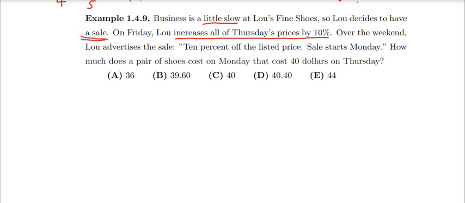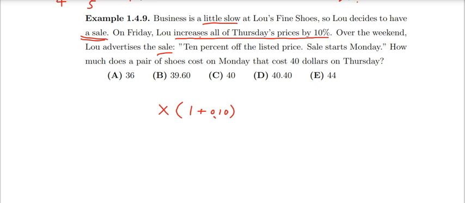At first, on Friday, suppose the original Tuesday price is x, they increase all of the prices by 10%. So Tuesday is x, Friday is x times 1 plus 10%.